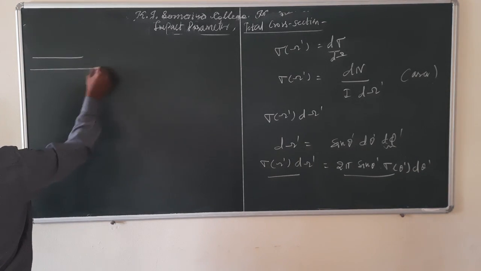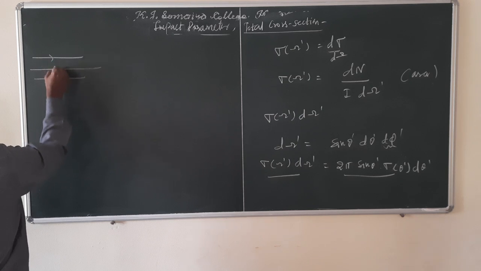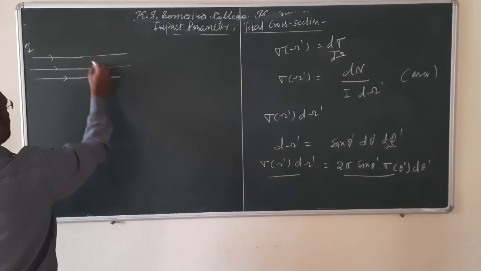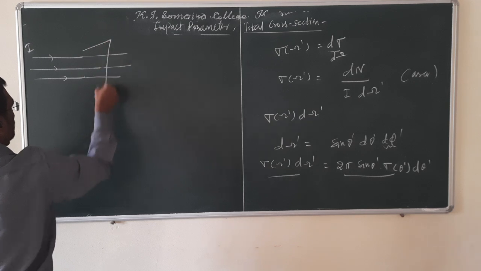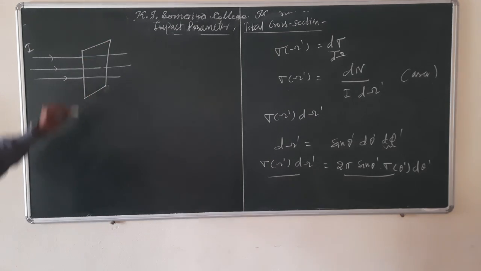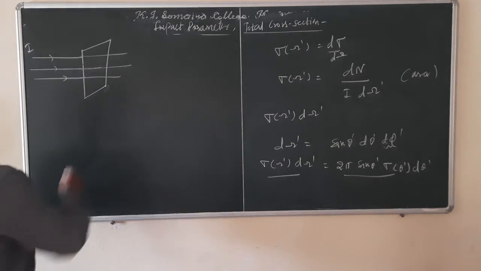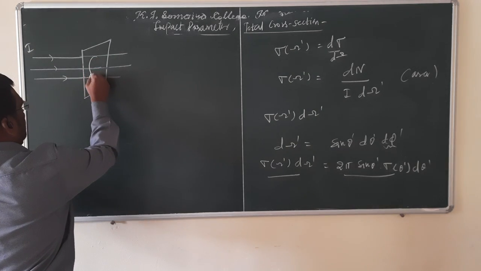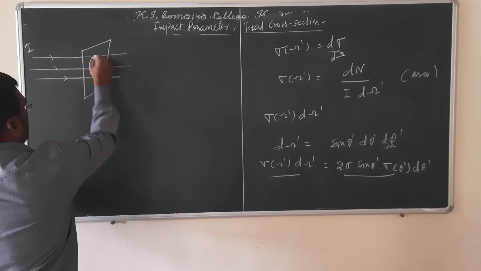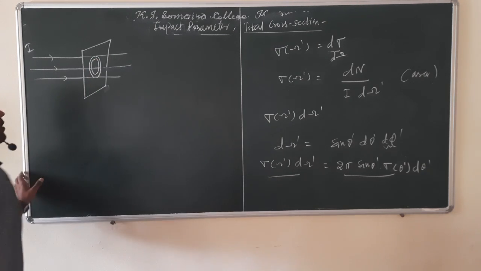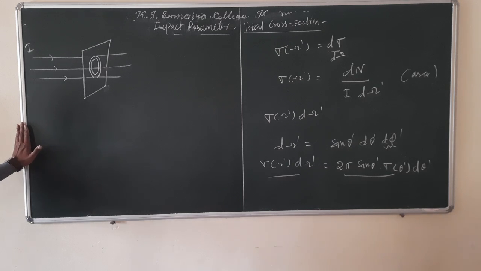That beam of particles has intensity I. If you take the cross section of this beam, which has a cylindrical shape, then you can take the cross section as circular.